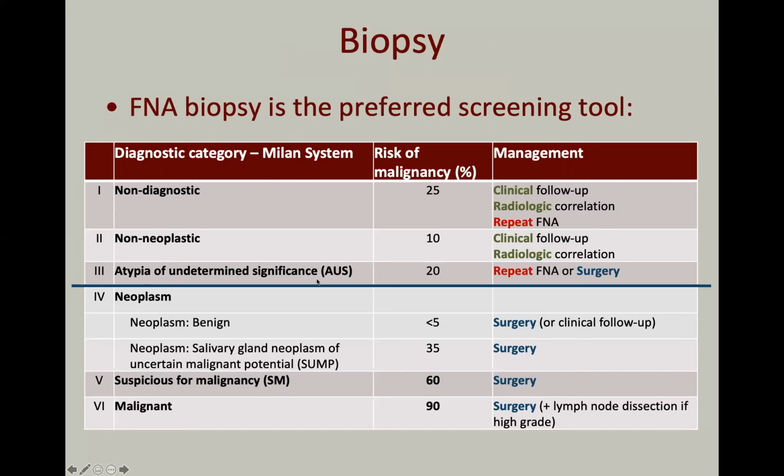Some kind of atypia of undetermined significance, meaning the cells are atypical, but I can't even tell if they are a neoplasm. Generally will also get a repeat biopsy or surgery. And then there's the neoplasms. So this is either a benign or an uncertain neoplasm. Then there's a suspicious for malignant and an overtly malignant. And again, your risk of malignancy on resection for all of those categories steadily increases.